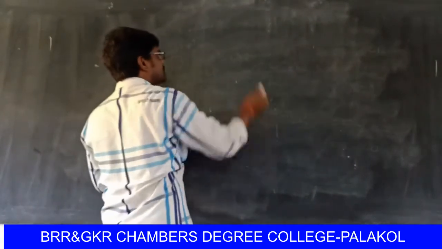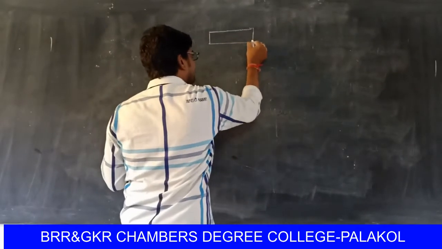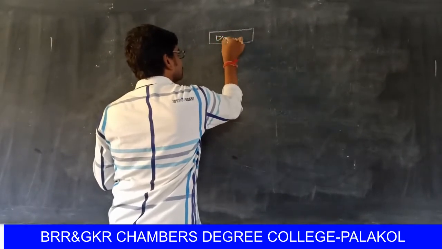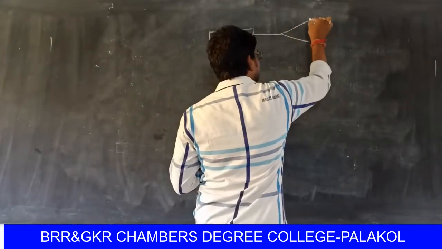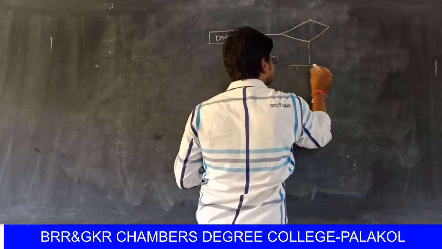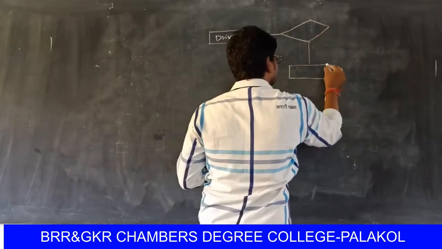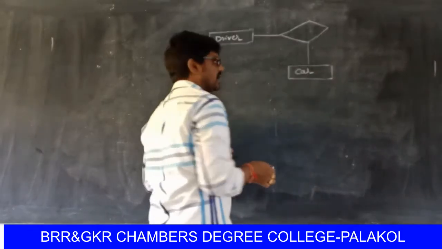The driver drives a car. So here driver is an entity, drives is a relationship, and car.